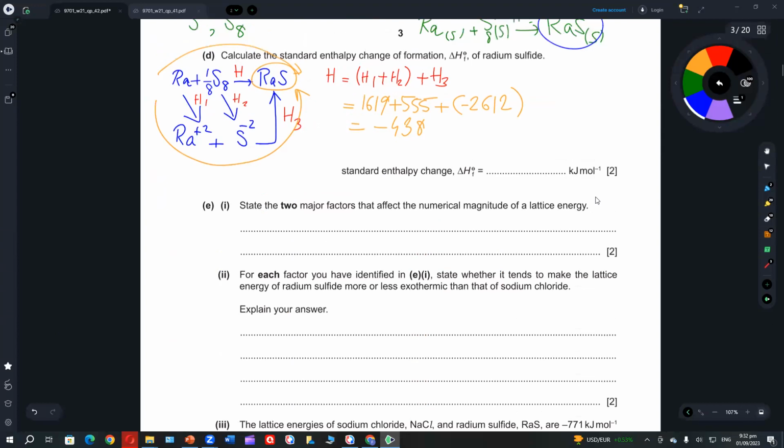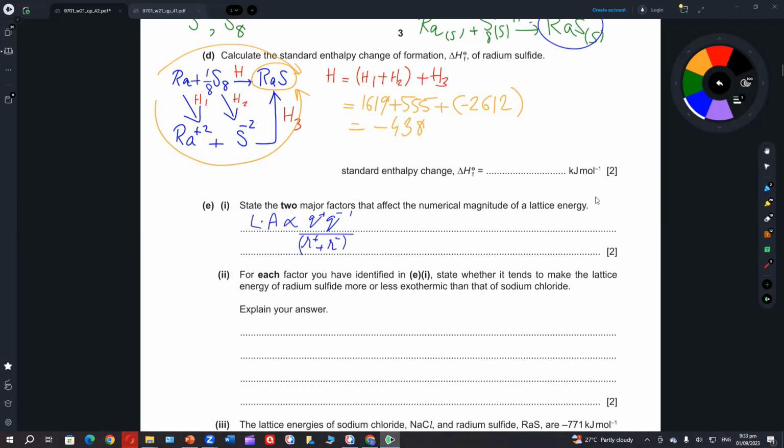State two major factors that affect the numerical magnitude of a lattice energy. Lattice enthalpy is directly proportional to the product of the charges and inversely proportional to the sum of the separation.